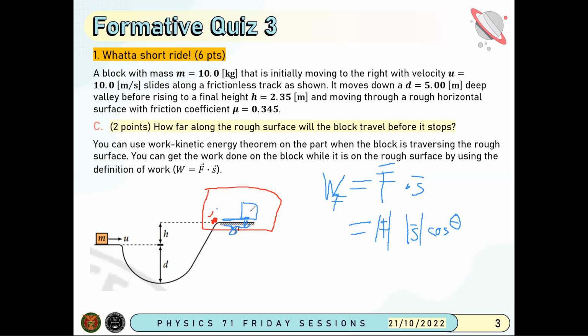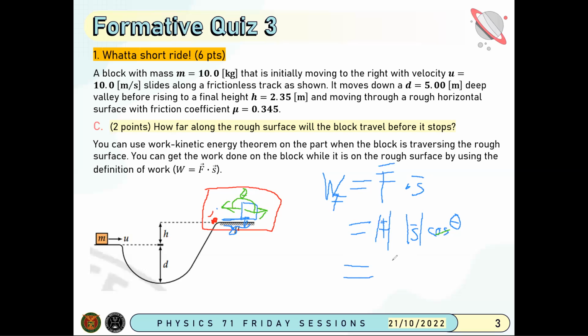Let me use another color. The frictional force is going there. The displacement is going here. Right? So ano yung angle between sa kanila? That is 180 degrees. So cosine 180, that's just -1.